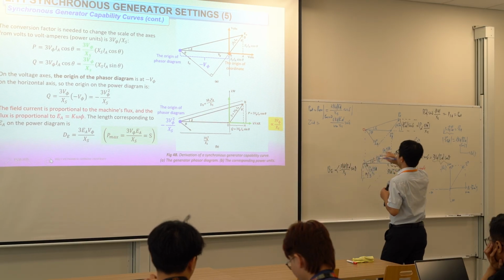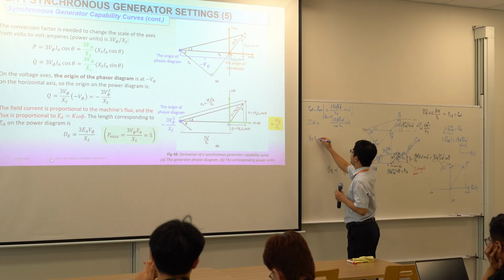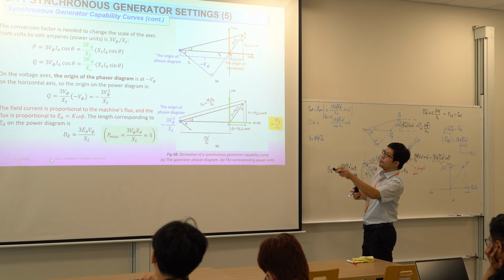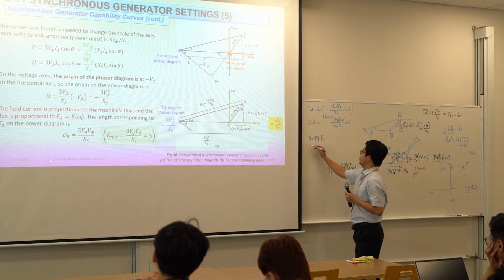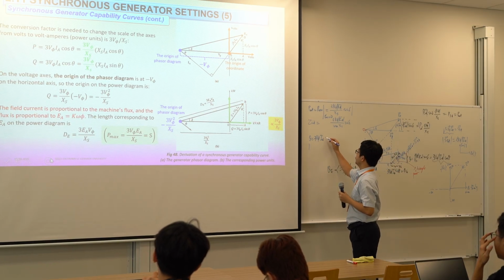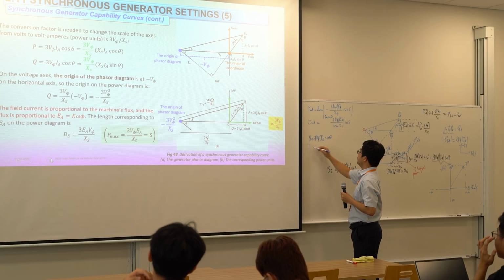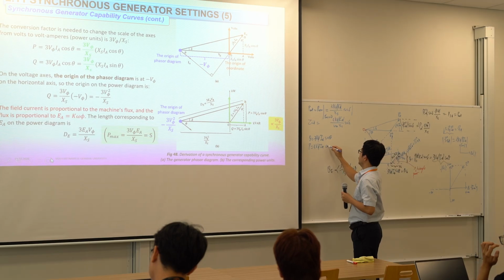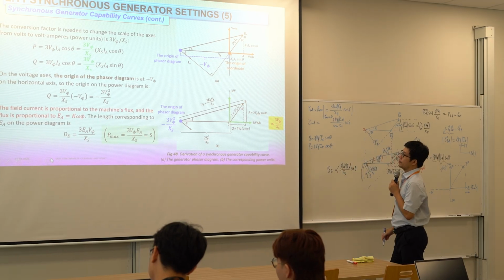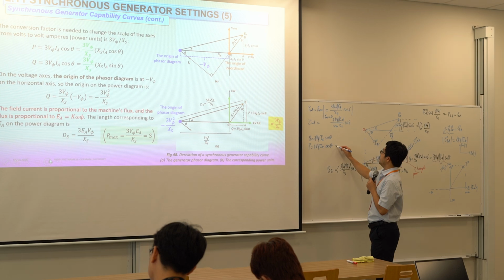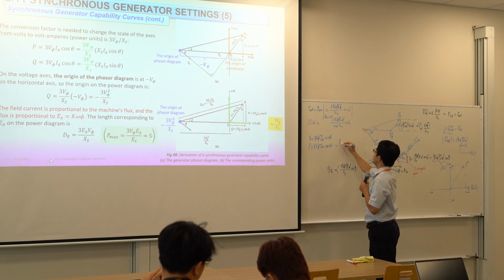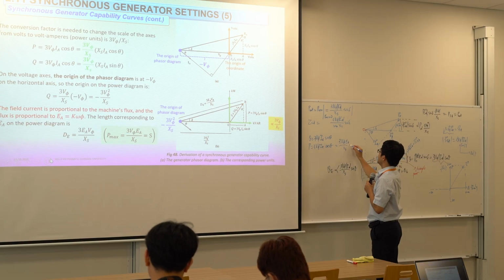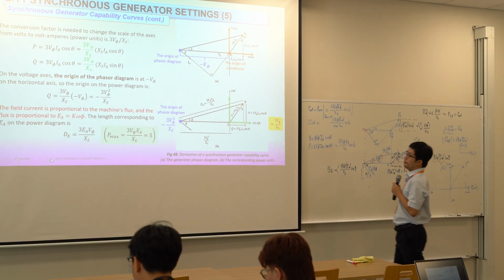How about Q? We have Q is 3V phase IA, and with delta, we have P is 3V phase IA cosine delta, or P is equal to this one, 3V phase EA over XS sine delta.